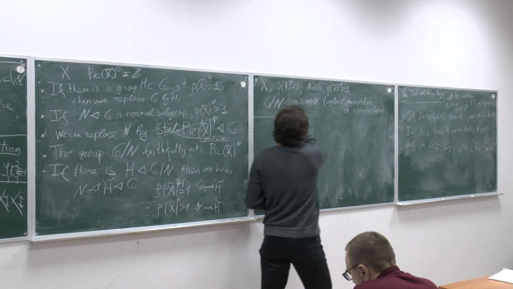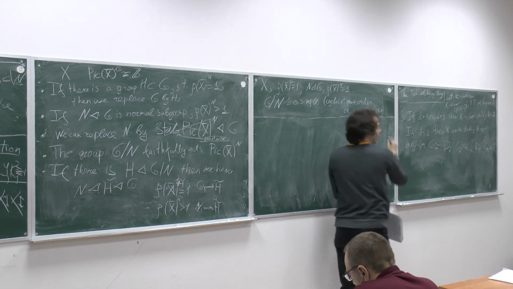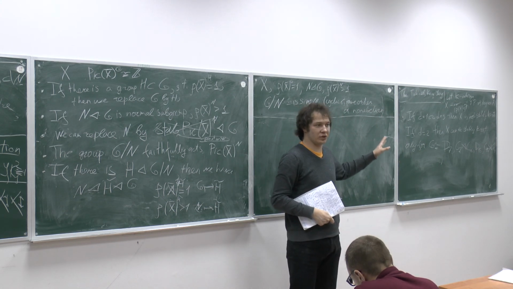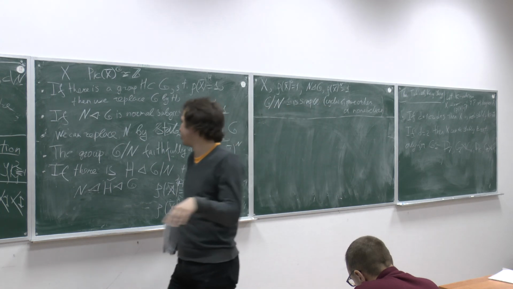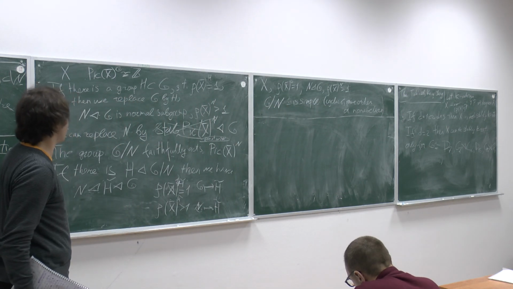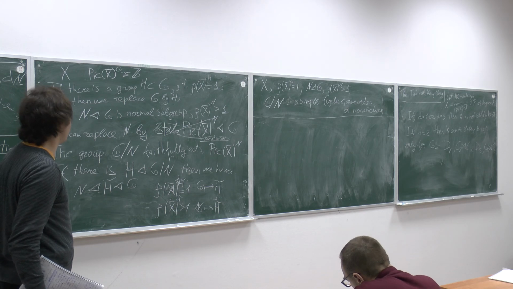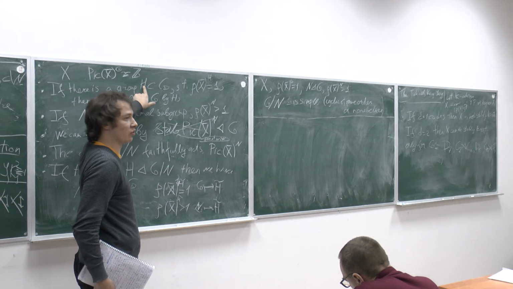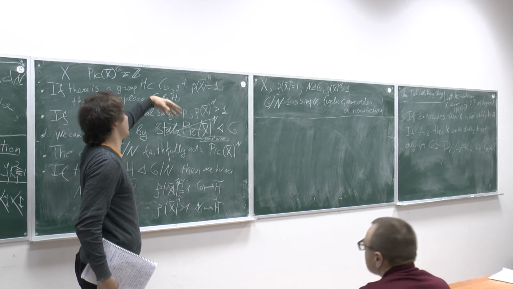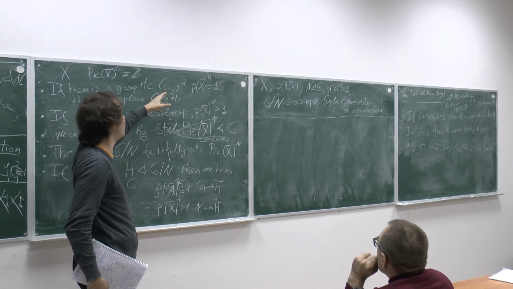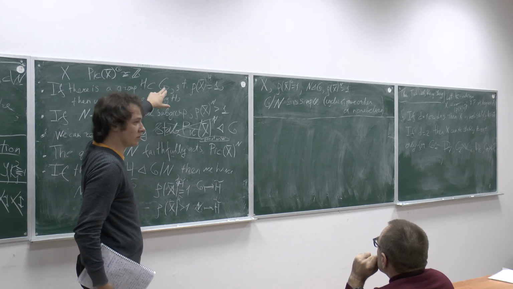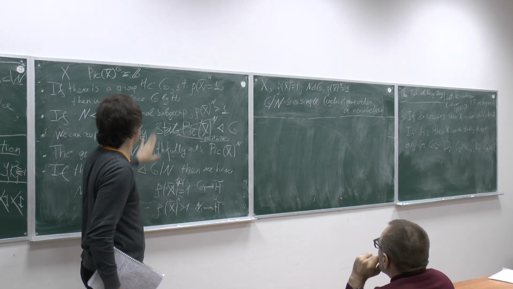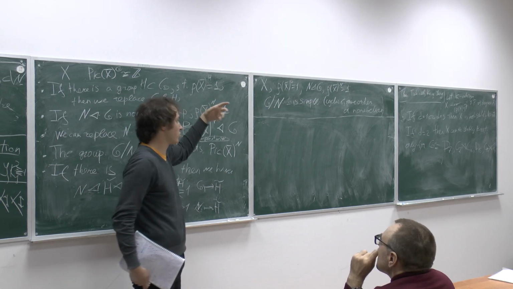First I want to say a few words about the abelian case. This is quite technical, and I don't want to write down the proof, but the idea is that in this situation we can find an intermediate group H in a simple group. G by N is a simple group. We find H in this group, not normal, just a subgroup, such that the invariant Picard number is also equal to 1.